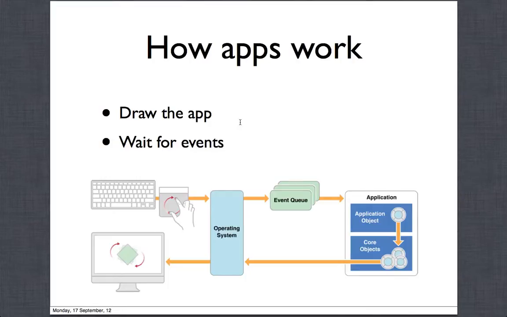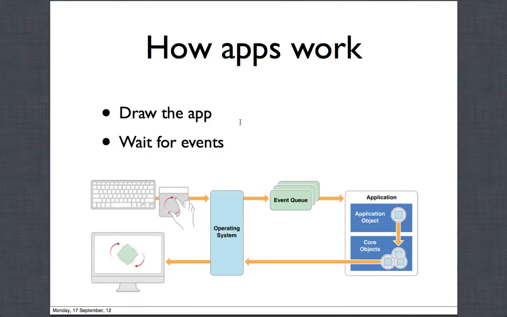Clicking a button, moving a mouse, typing something on the screen is an event. And something non-user based, like maybe a message from the internet or when some time, like 10 o'clock, happens, is another type of event.